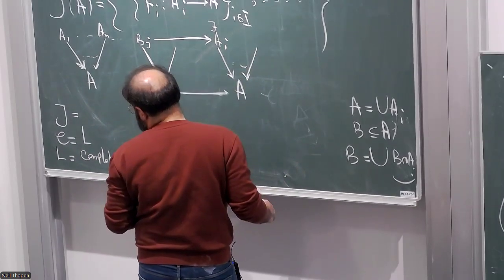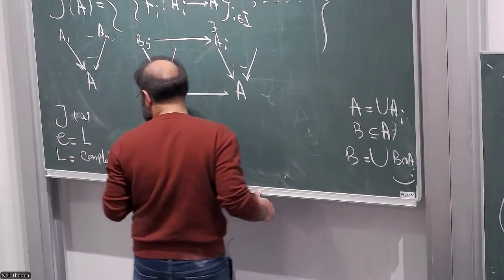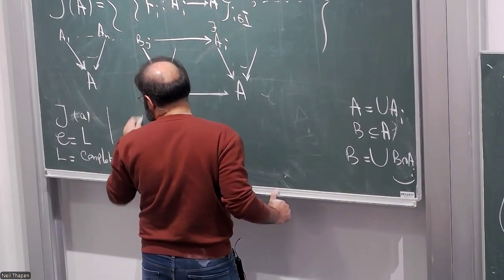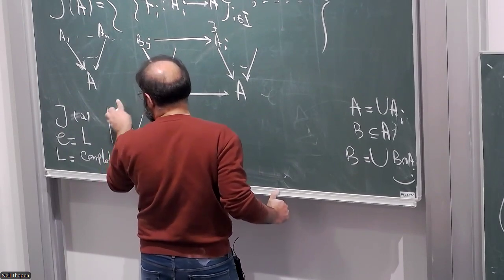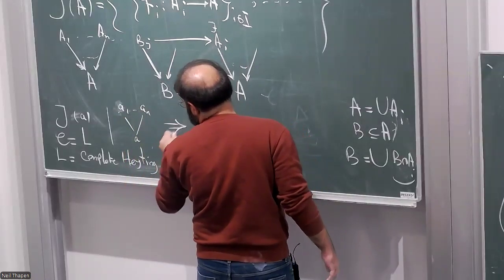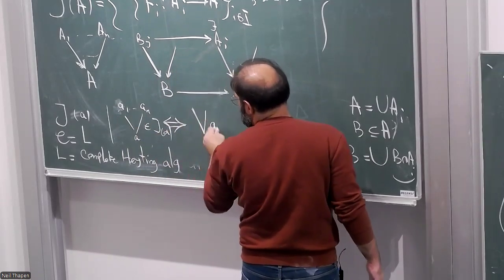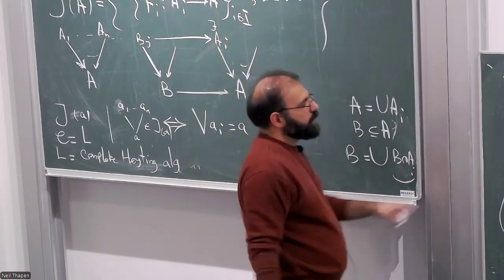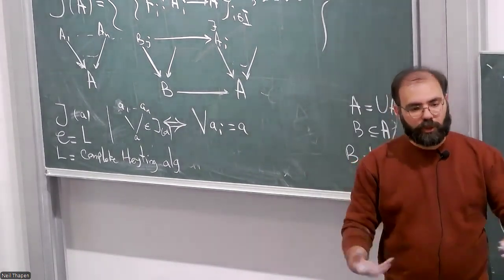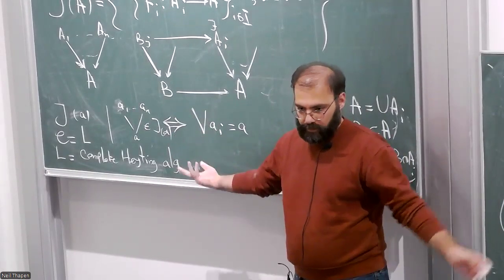Then define J of A, where A is one element in L, such that a family of AIs, A1, etc., AN, is a covering family, so it is in J of A, if and only if the union of AIs is A. So it is just the lattice theoretic version of this, right? Forget that they are opens of something, just subsets, and as long as you have the infinite join, that's enough, right?